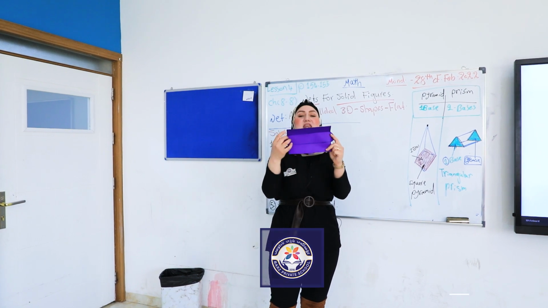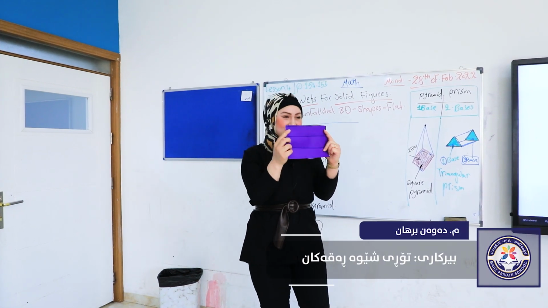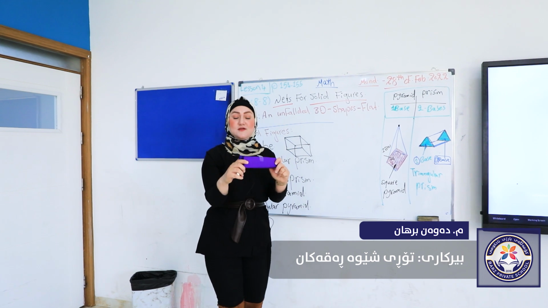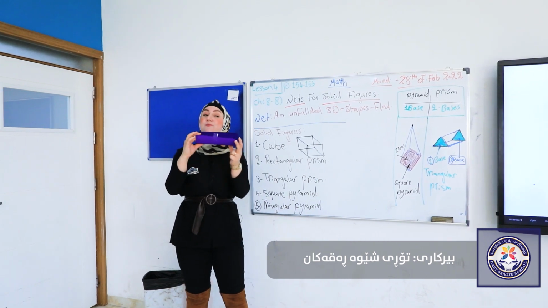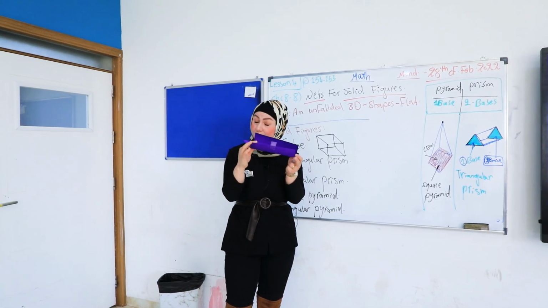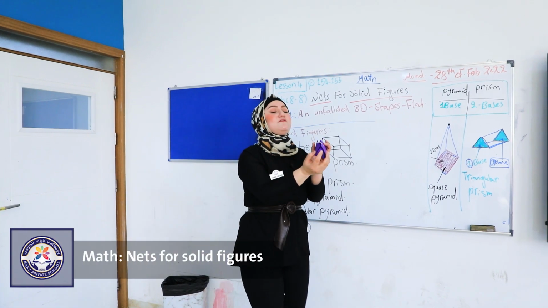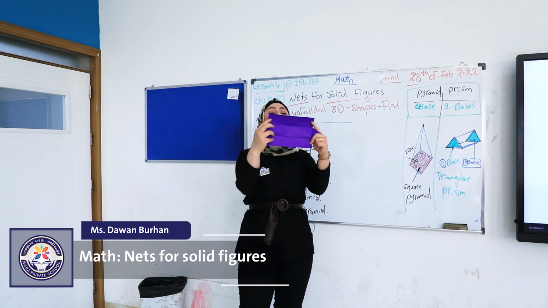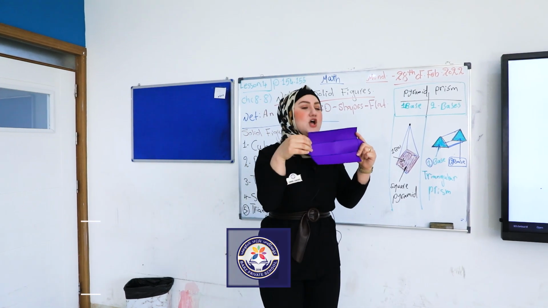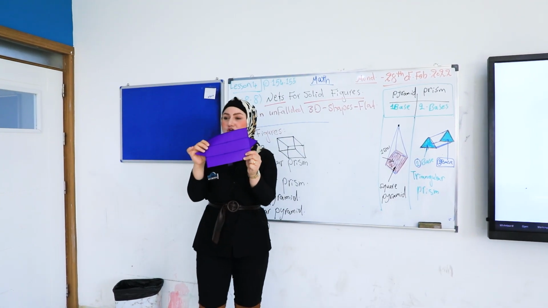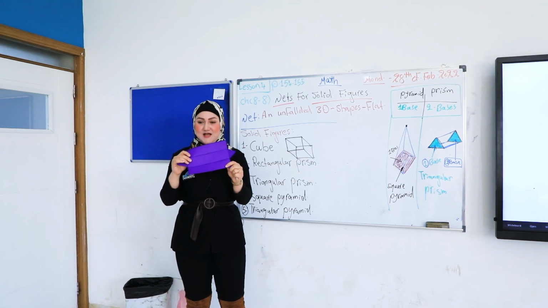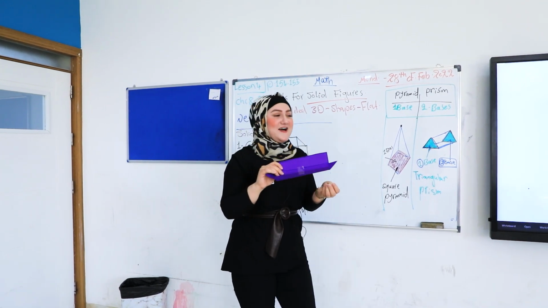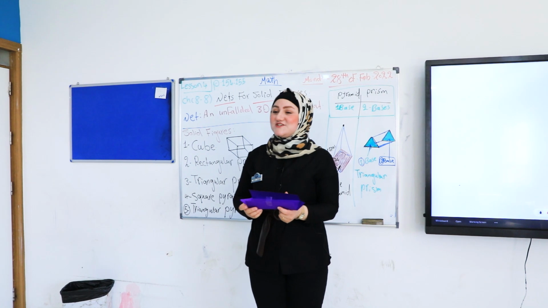So this is the net. What do we call it? Net of what? Triangular prism. Why not a triangular pyramid? It's a triangular prism because of having two triangle bases. What do we call it? Net of a triangular pyramid. Prism, sorry, not pyramid.